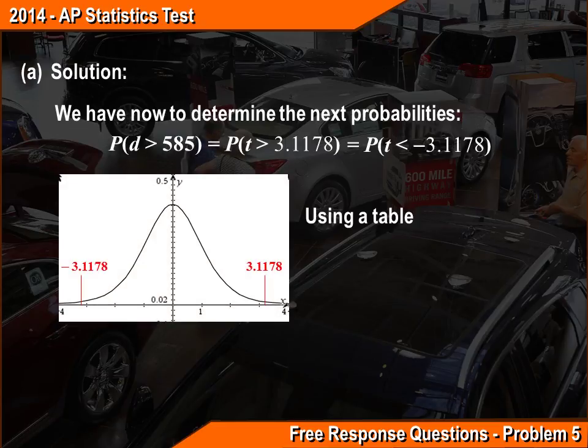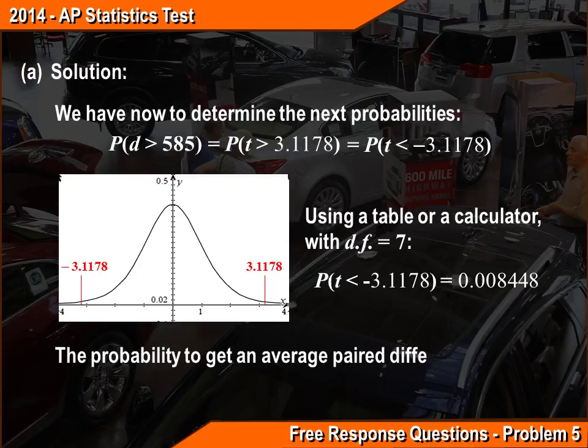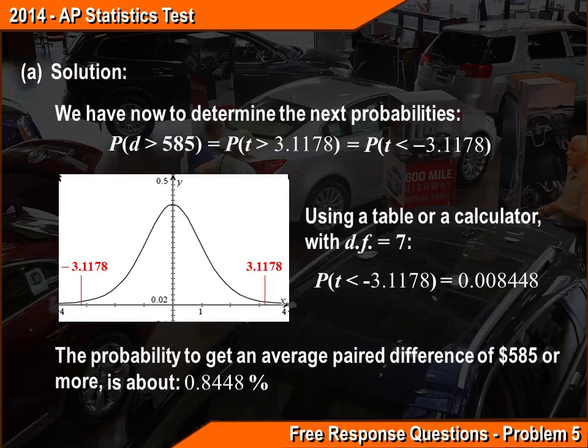Using a table or a calculator with degrees of freedom equal to 7, this probability is 0.008448. Then, the probability to get an average pair difference of $585 or more is about 0.8448% only.